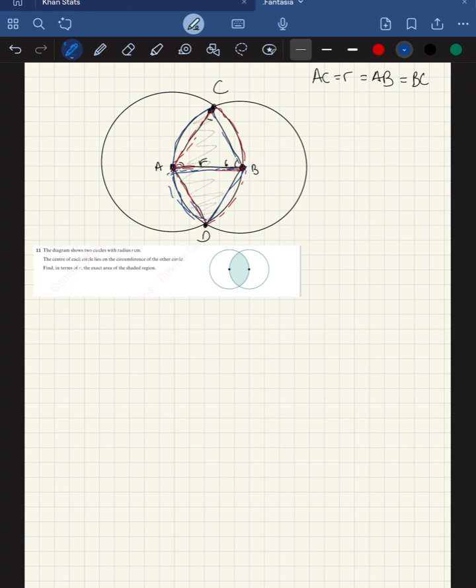What we want to do is, since all the lengths are equal, let's find the area of one sector, and that could be ABC. And then we can find the area of an equilateral triangle. So let's do this: find the area of the ABC sector, then find the area of the ABC triangle.